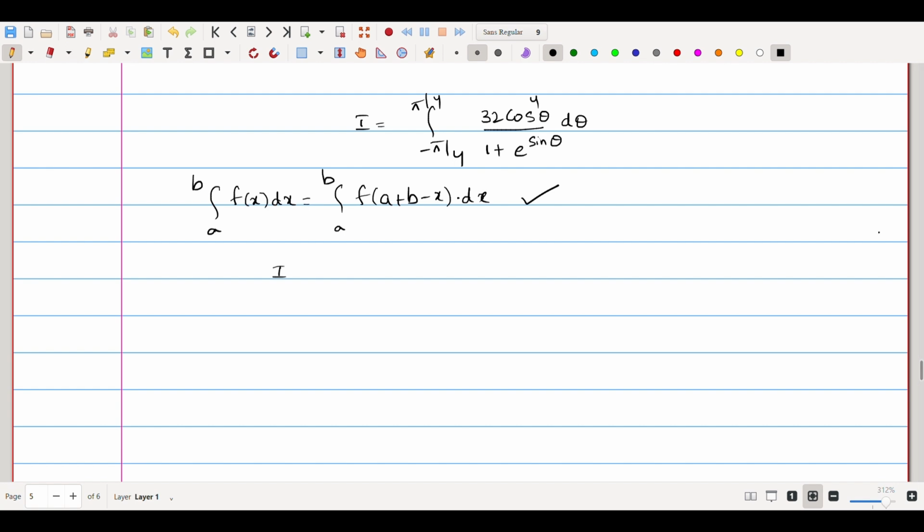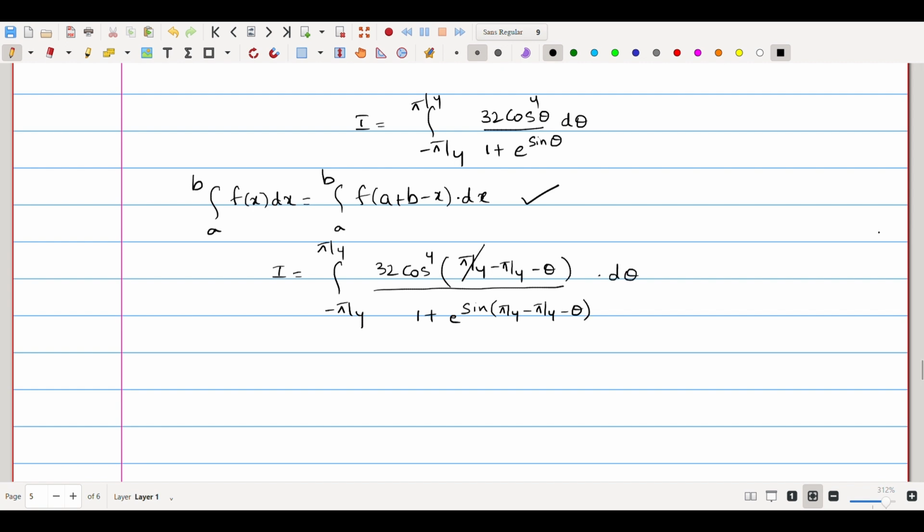So I equals the integral from minus pi by 4 to pi by 4 of 32 cos^4, in place of theta I am writing pi by 4 minus pi by 4 minus theta, by 1 plus e power, in place of theta the same pi by 4 minus pi by 4 minus theta, d theta.